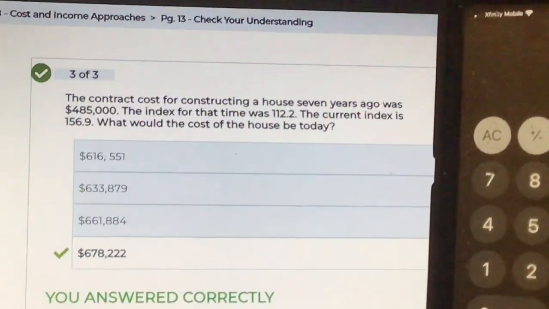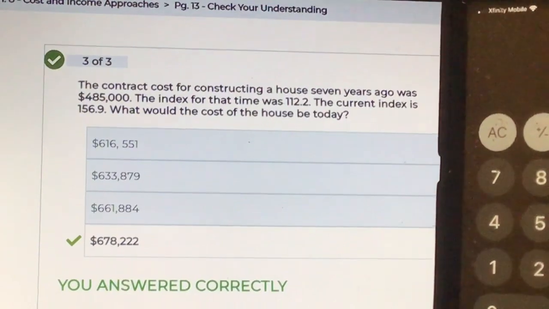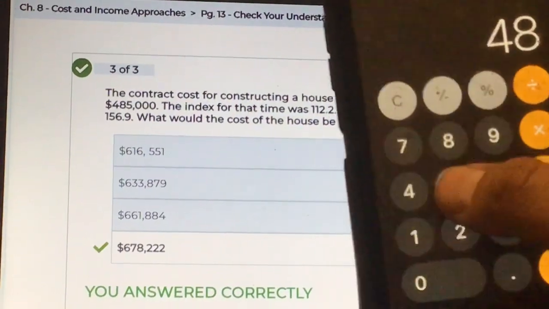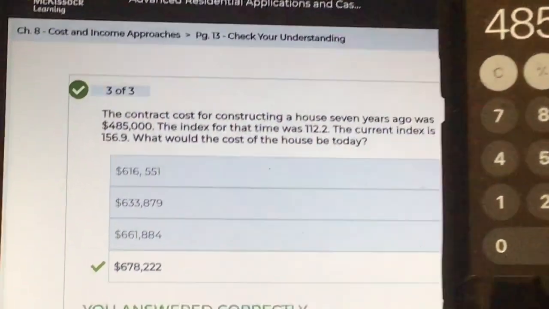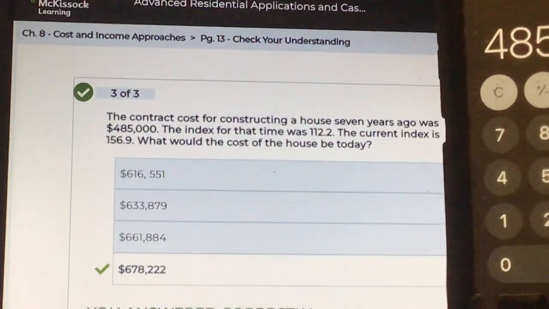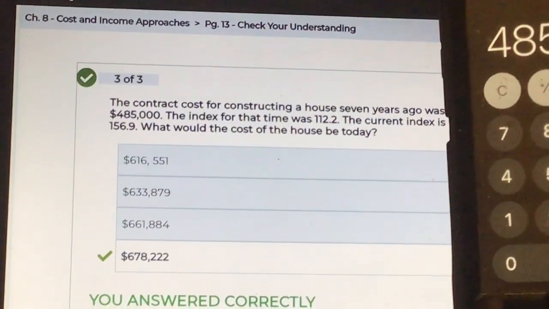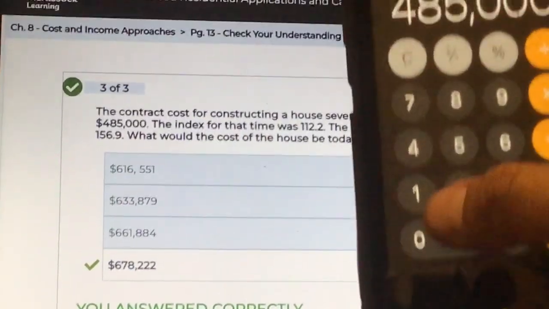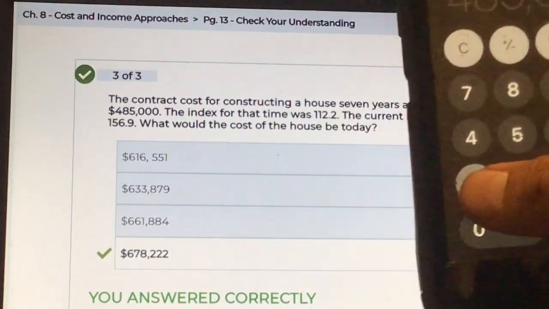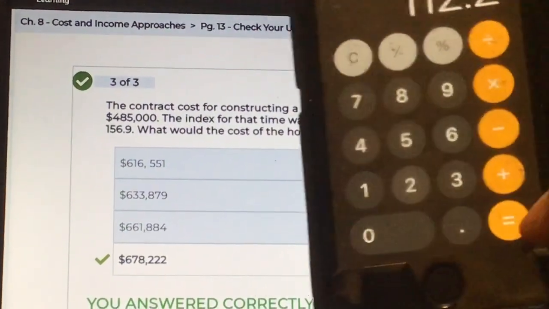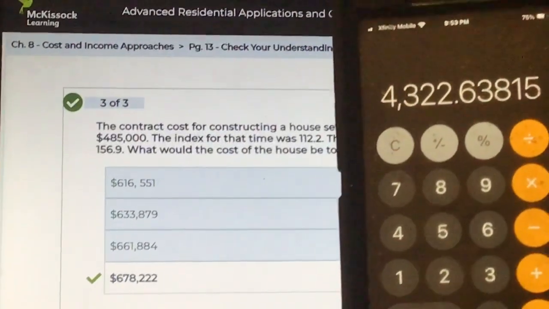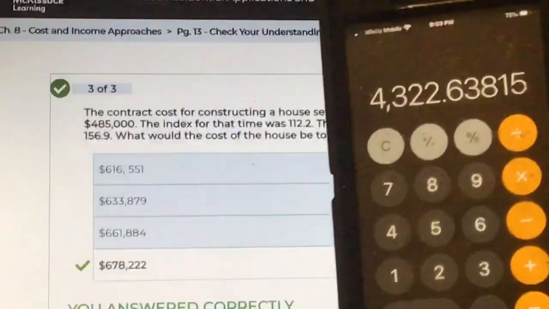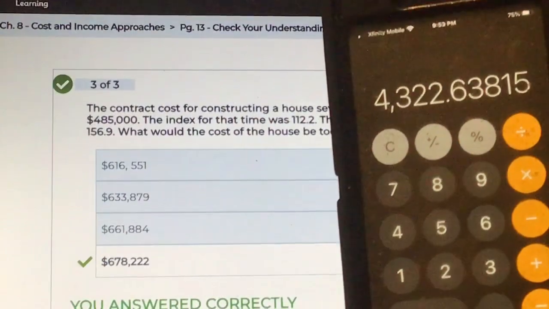I took the sale price at the time, which was $485,000, and then I divided it by the cost index for what it was at that time 7 years ago, which was 112.2. Now that equals 4,322.63815.